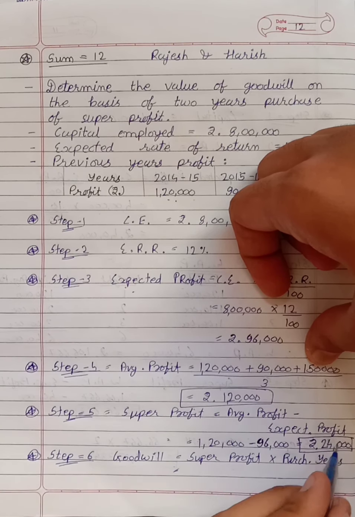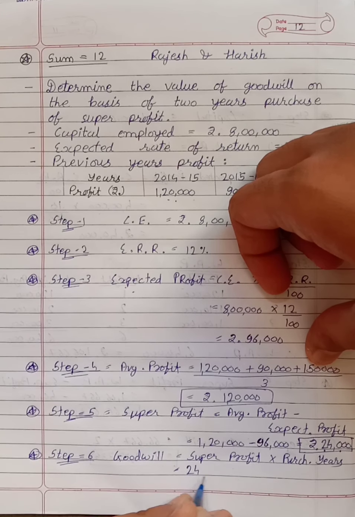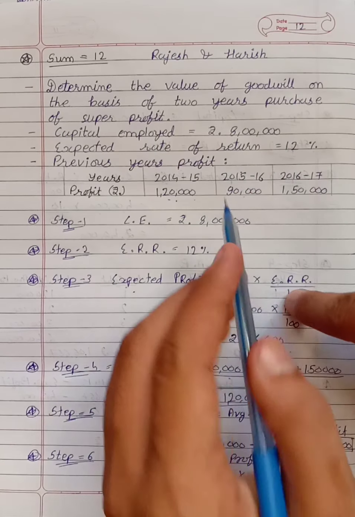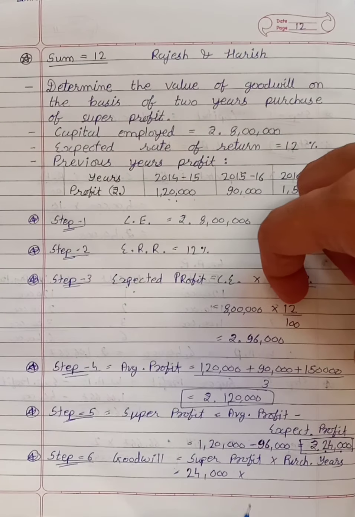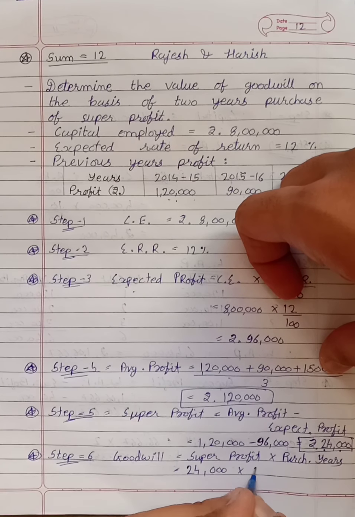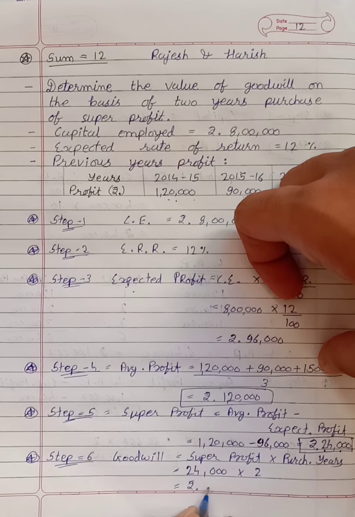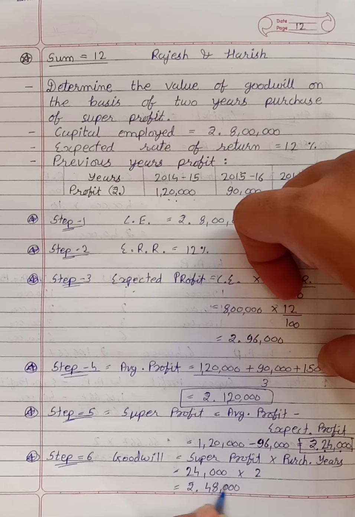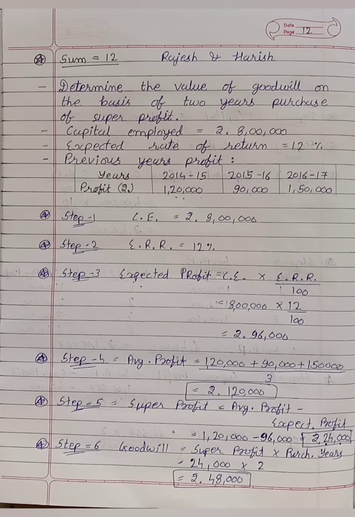So our super profit is 24,000 and purchasing years are already given in the sum, 2 years purchase of the super profit. So 24,000 multiplied by 2, so our value of goodwill is 48,000 rupees. Okay students, so please note down this sum in your notebook.